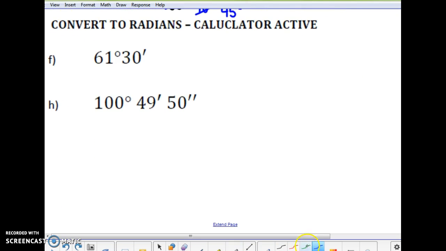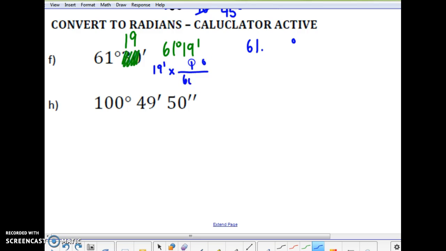These are calculator active. Let's make this one a little bit more fun. Let's make this 19. So 61 degrees, 19 minutes. We're going to convert these into radians. Now, the crappy part is you have to do that conversion factor we just talked about. So we're going to keep 61, but I need to convert the minutes into its decimal. So this is going to be 19 minutes. I want to convert into degrees.